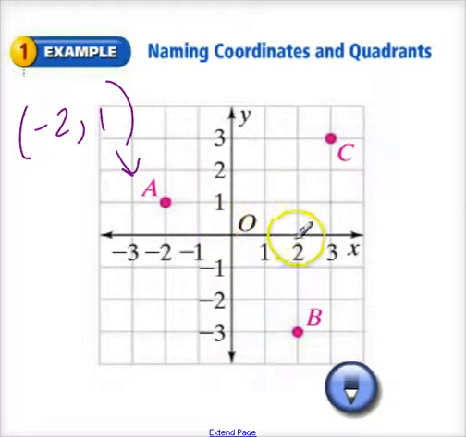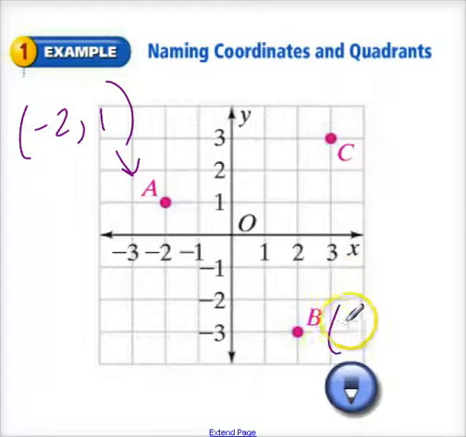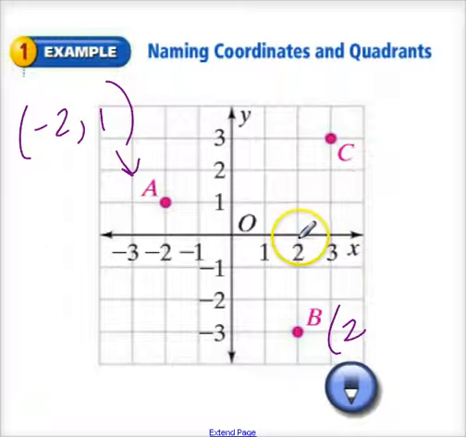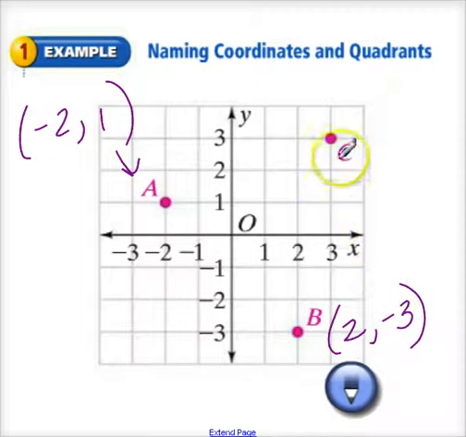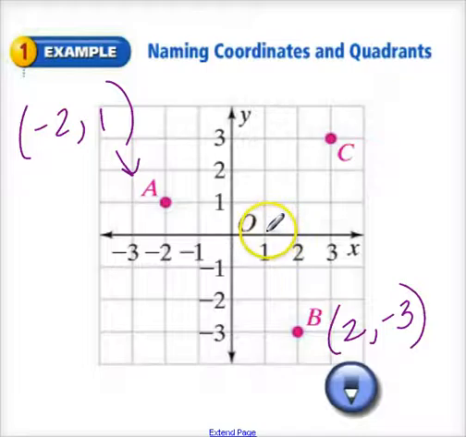We went to the right 2. So that's a +2. But now we're going down. So that's going to be a negative y-coordinate, -3. Notice I put a comma in between and parentheses. And my c-coordinate, over 3, up 3, 3, 3.